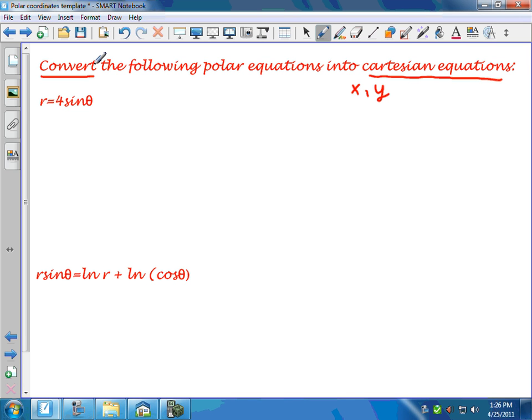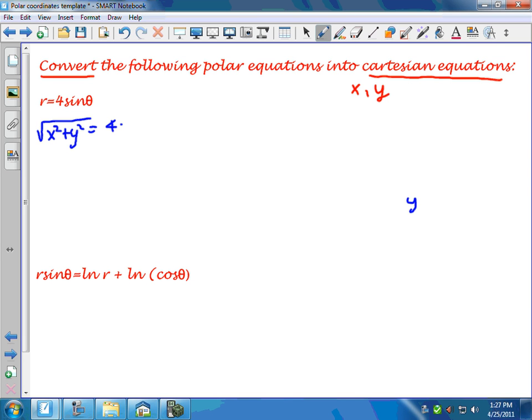What could I write for r, for instance, in terms of x and y? Any thoughts? What could I write for r? The square root of x squared plus y squared, right? That was one of the formulas we had earlier. What could I write instead of sine theta?